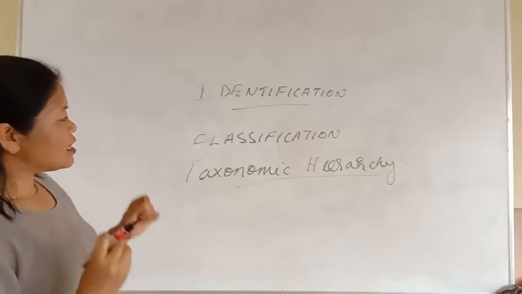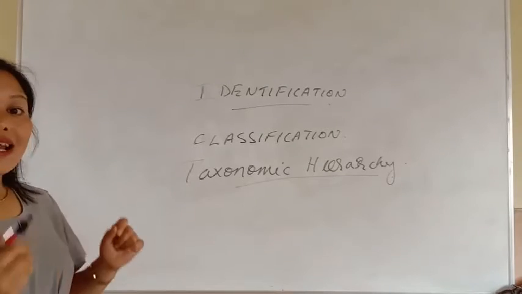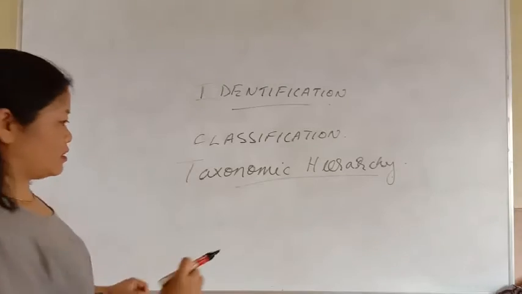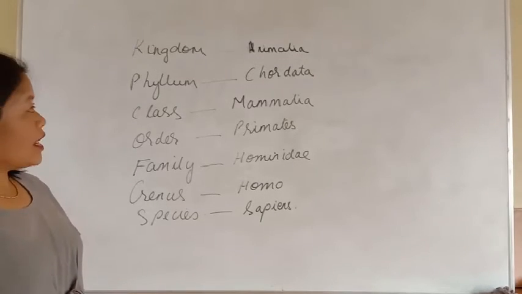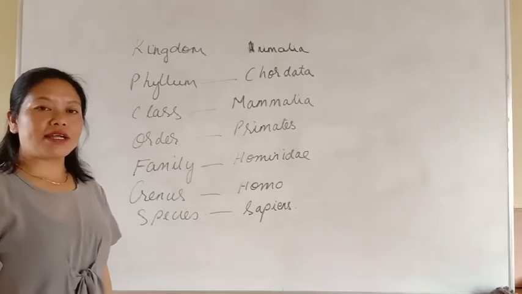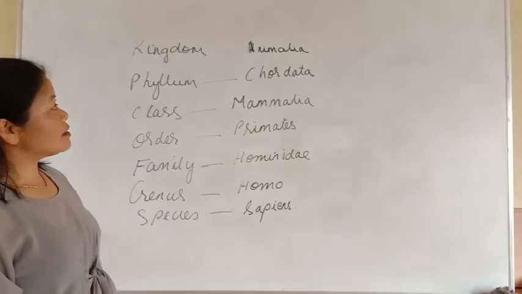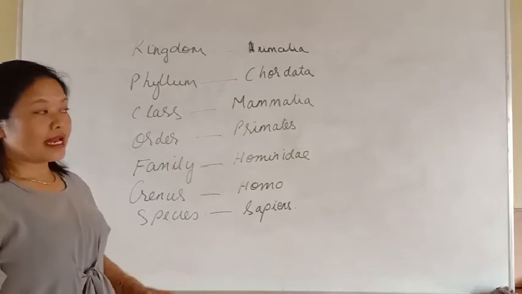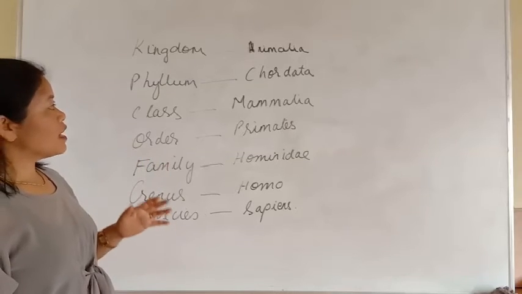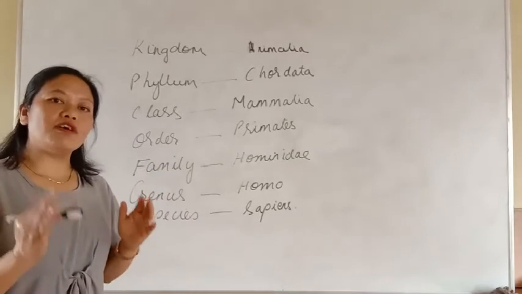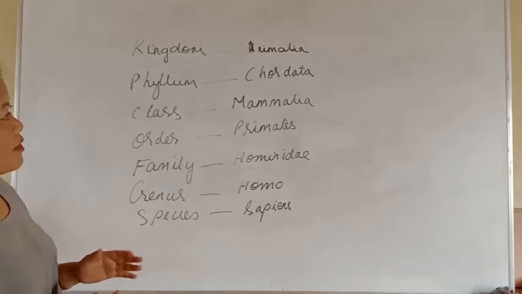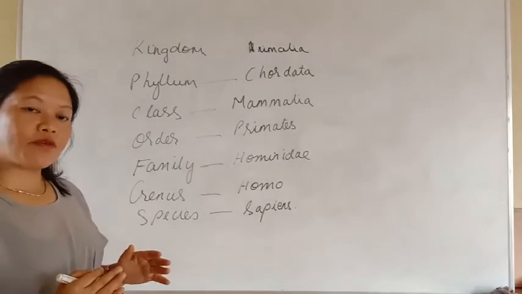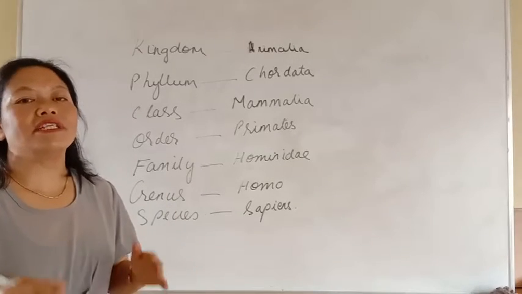Under taxonomic hierarchy, there are 7 categories. Again I repeat, under taxonomic hierarchy there are 7 categories, and these 7 categories are arranged in a very definite order.